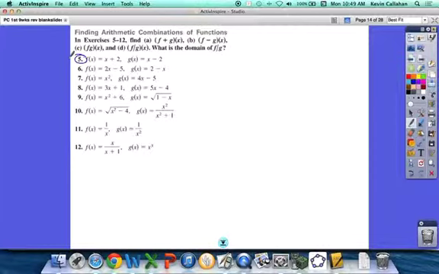Right? How is it that I add f plus g of x? Remember, you're going to see the notation looks like this, f plus g in parentheses of x. But what does that mean? It's an f of x plus a g of x, right? And then how do we do that?